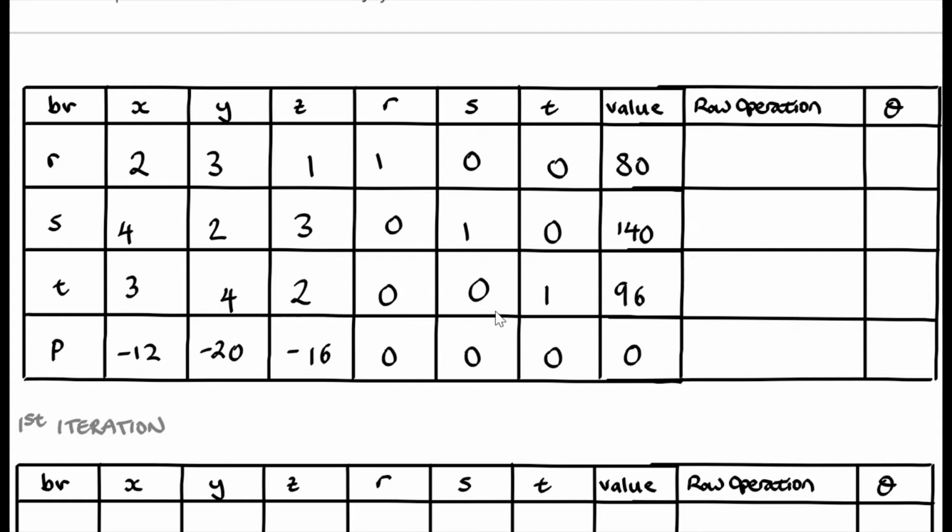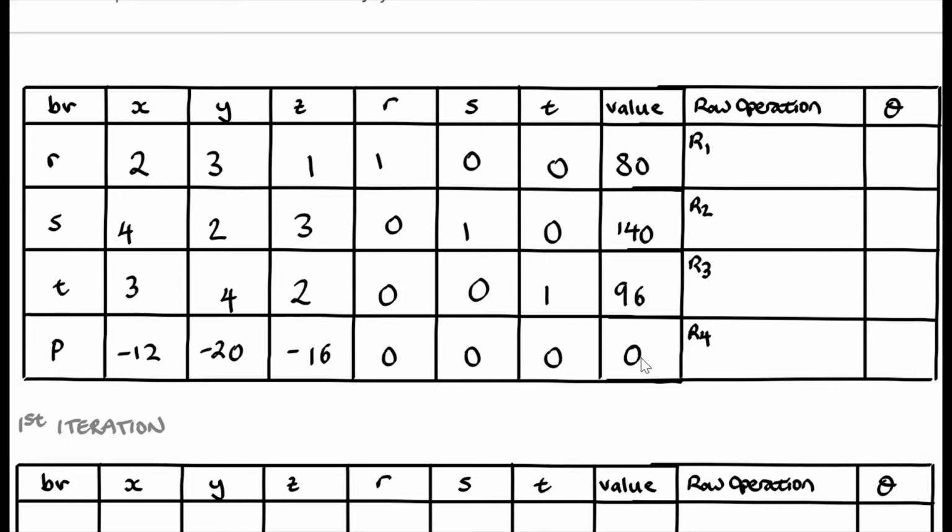And I think at this point it would be helpful if we label our rows. We have row 1, row 2, row 3, and row 4. Our next step would be to identify the pivot.